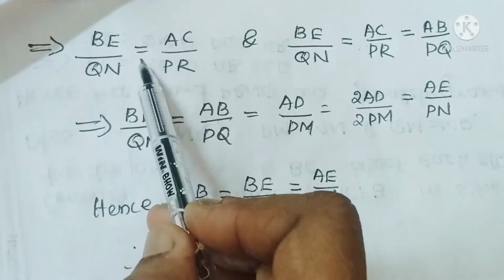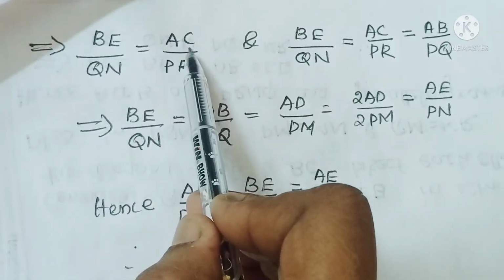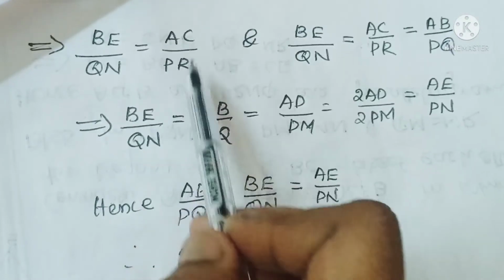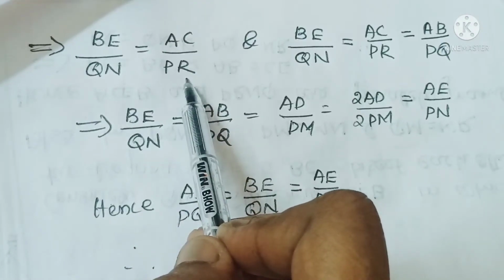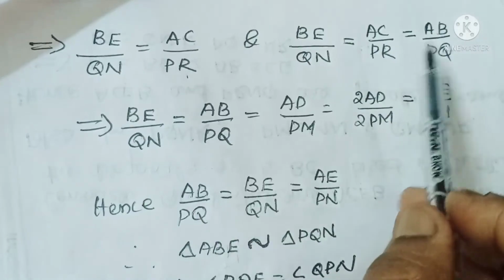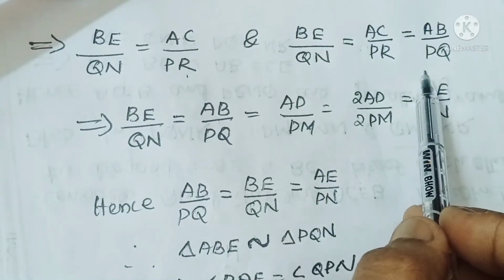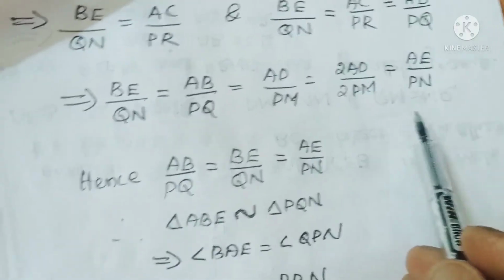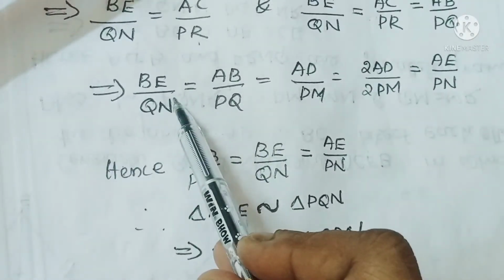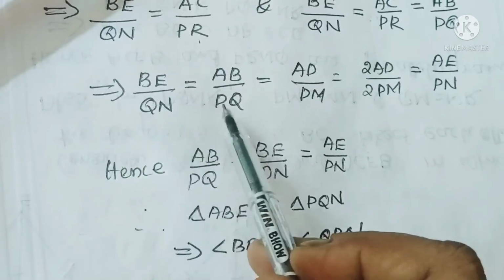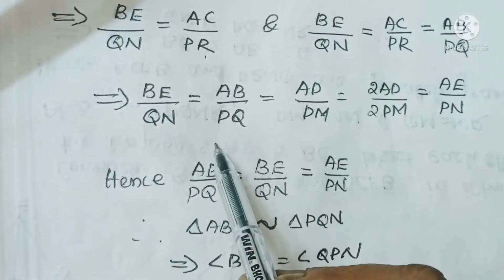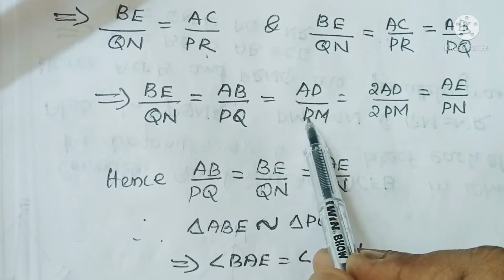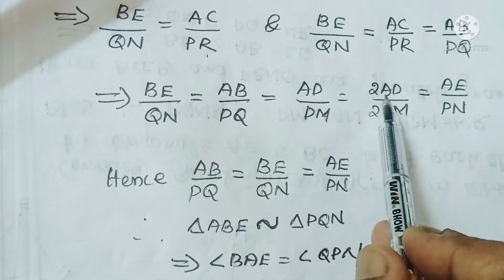Since BE is equal to AC, BE by QN can be written as AC by PR, and that AC by PR is equal to AB by PQ. Hence, we can write the equalities as BE by QN is equal to AB by PQ equal to AD by PM, and take the double of AD.